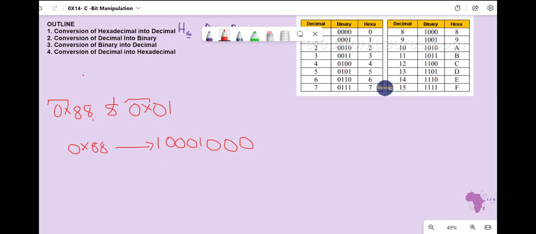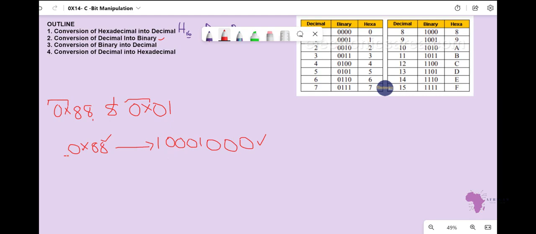If you don't remember how to calculate, go back to where I began this video, where I was showing you how to convert between hexadecimal number and binary. First of all, you change that hexadecimal number into decimal number, and from decimal number into binary. So you go through that process until you achieve this one as the binary of this particular number.